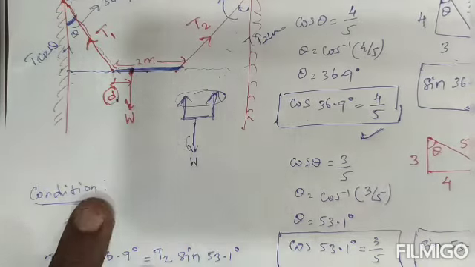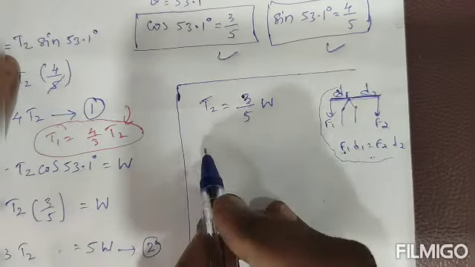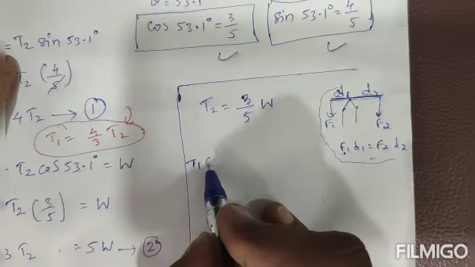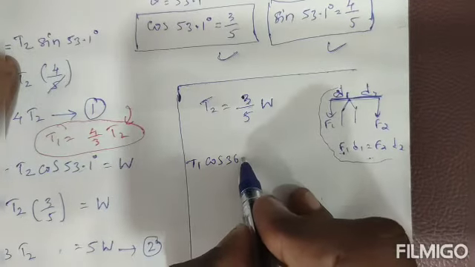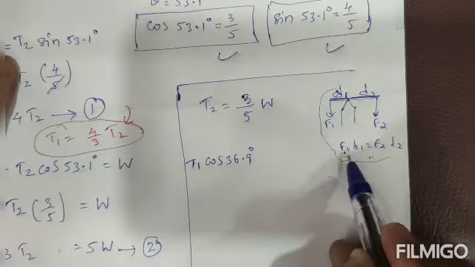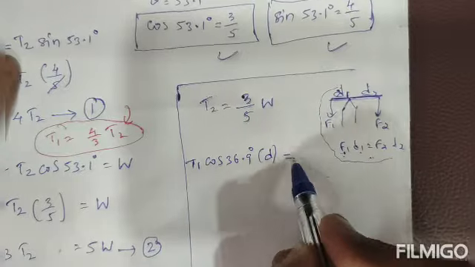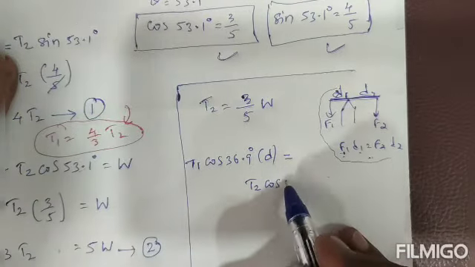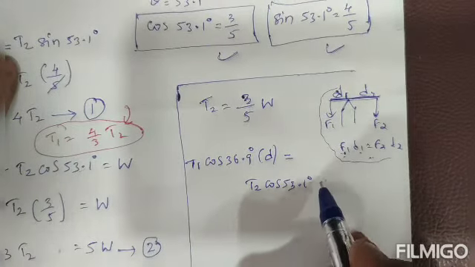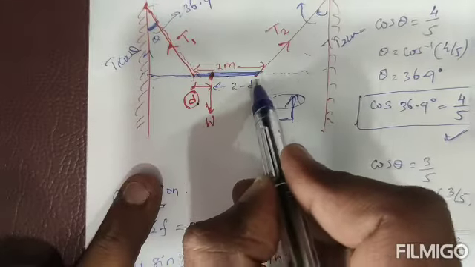So using the same idea, F1 force is T1 cos 36.9 degree, and d1 is nothing but d, equal to F2, that is T2 cos 53.1 degree, into d2. What is d2? This is 2 meter, so the remaining distance is 2 minus d.